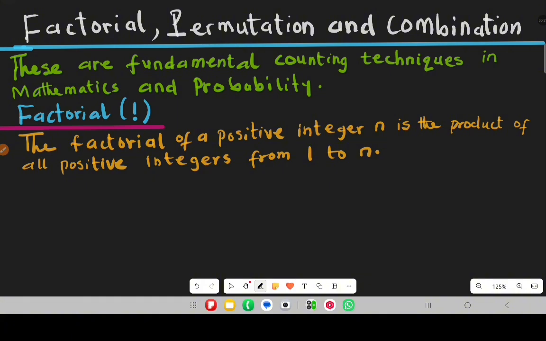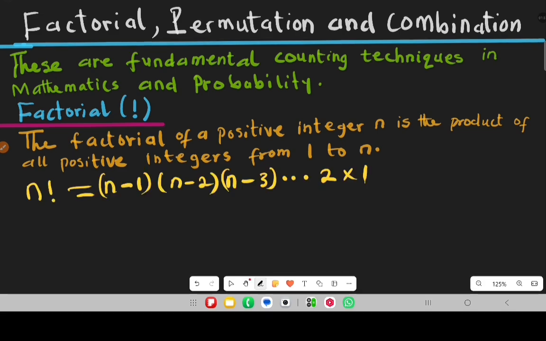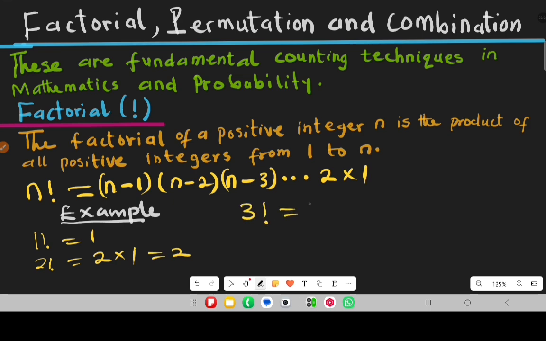Factorial, denoted by an exclamation mark, is the product of all positive integers from 1 to n. It is denoted by n factorial. Example, 1 factorial is equal to 1. 2 factorial is equal to 2 times 1, which is equal to 2. 3 factorial is equal to 3 times 2 times 1, which is equal to 6. 4 factorial is equal to 4 times 3 times 2 times 1, equal to 24.